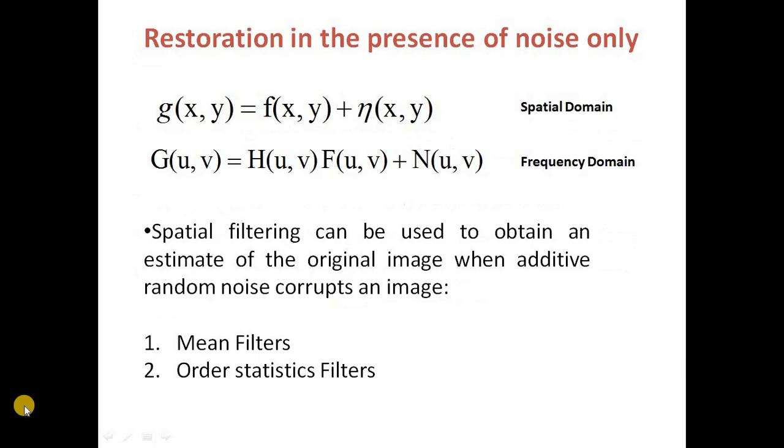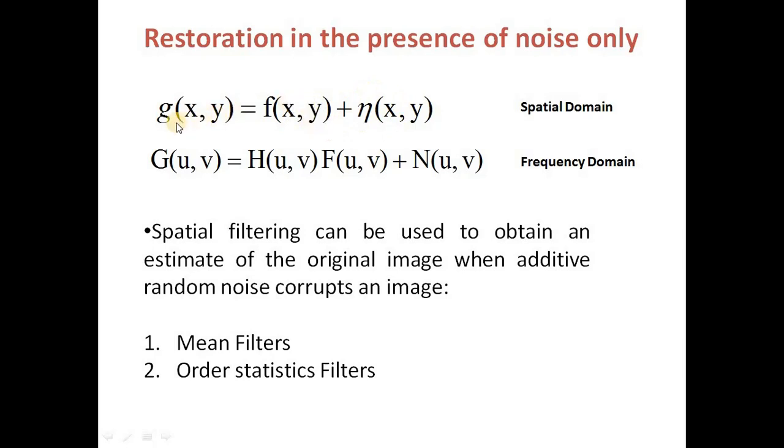Now we will start off with an effort to restore a good estimate of the original image from the given degraded image. So here we will consider that our given image is g of x y. The degradation in our given image is only due to the noise and not due to a linear position invariant filter model.